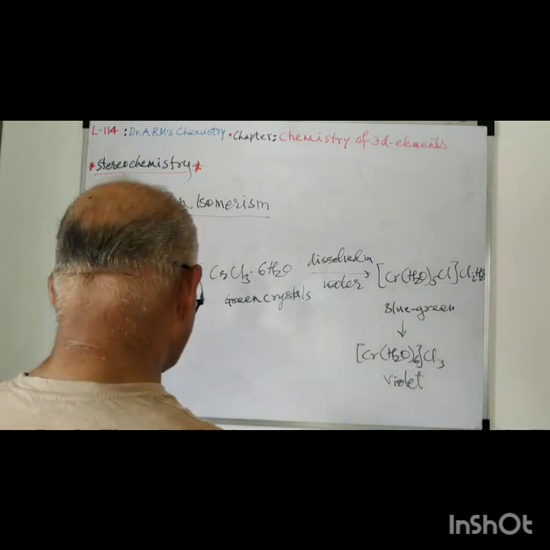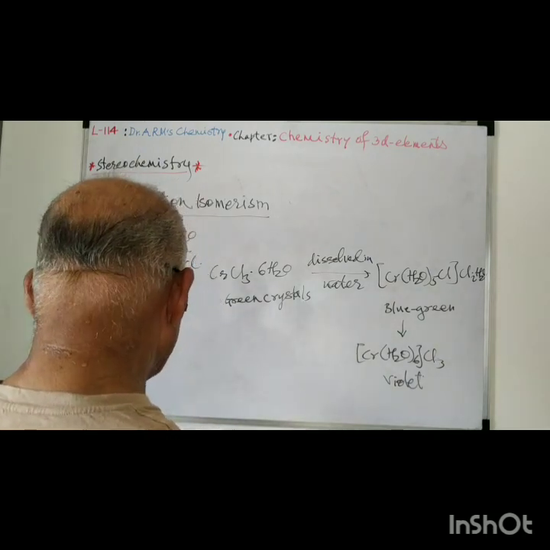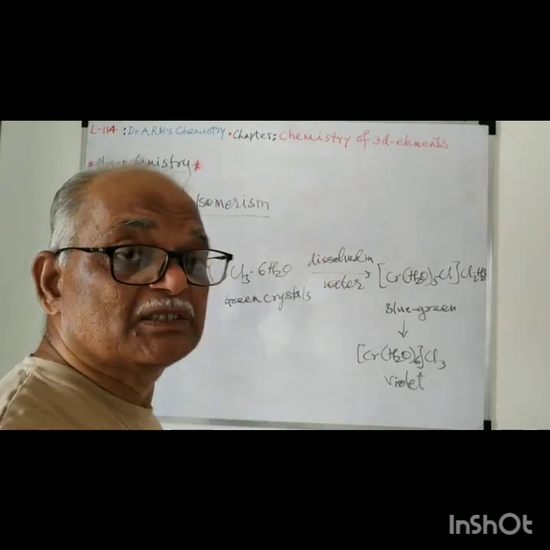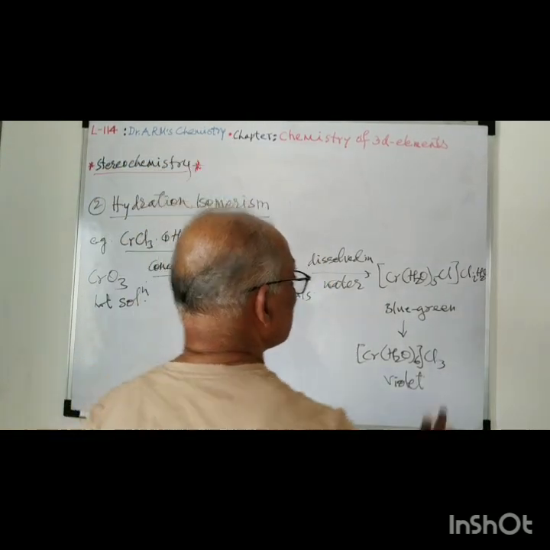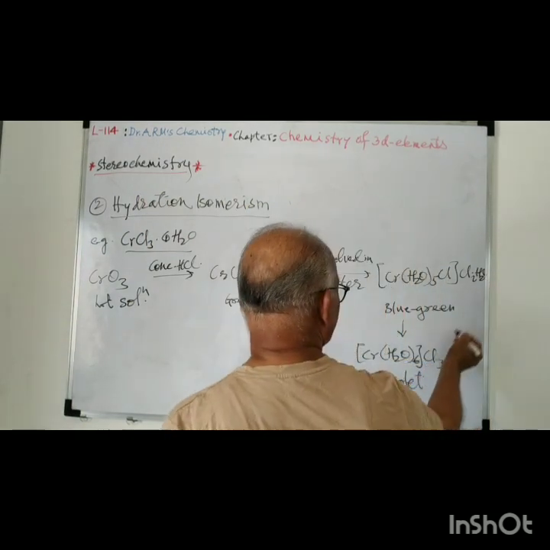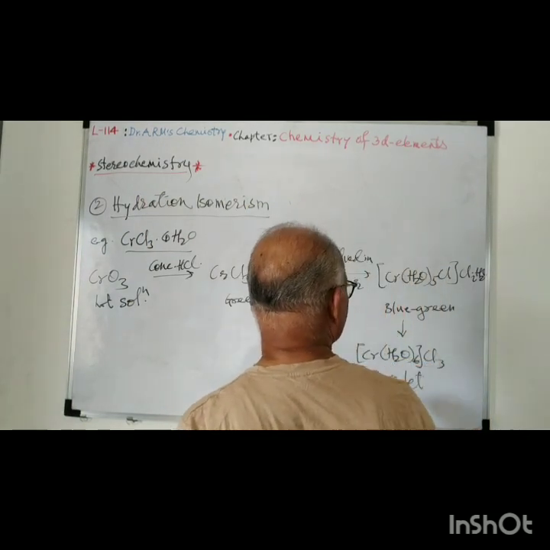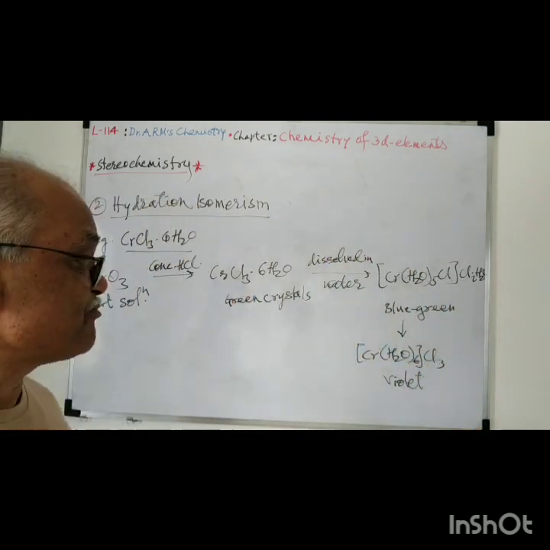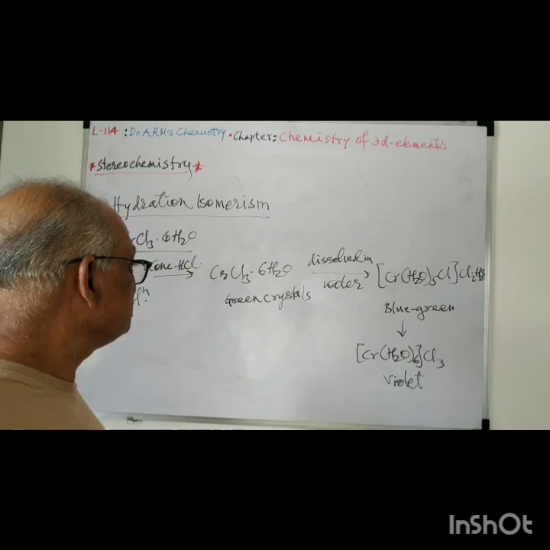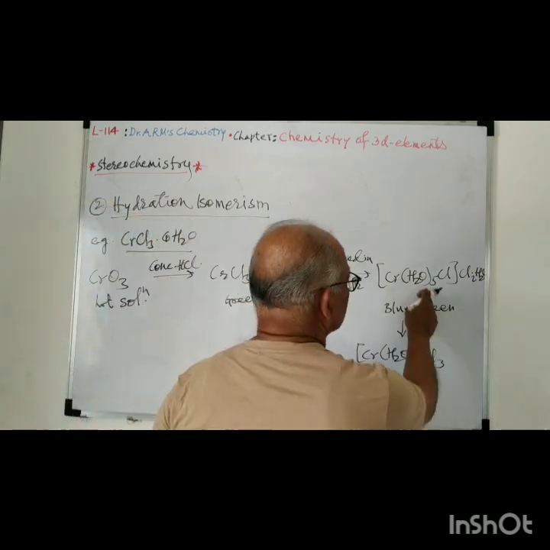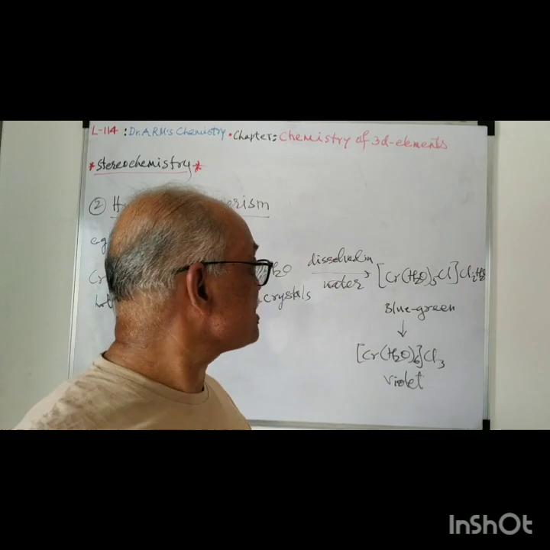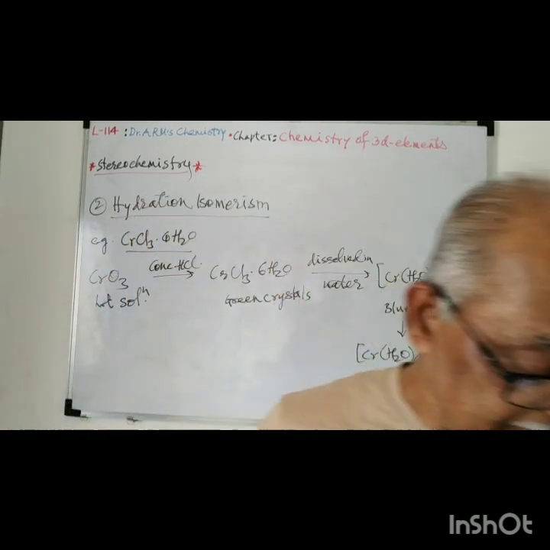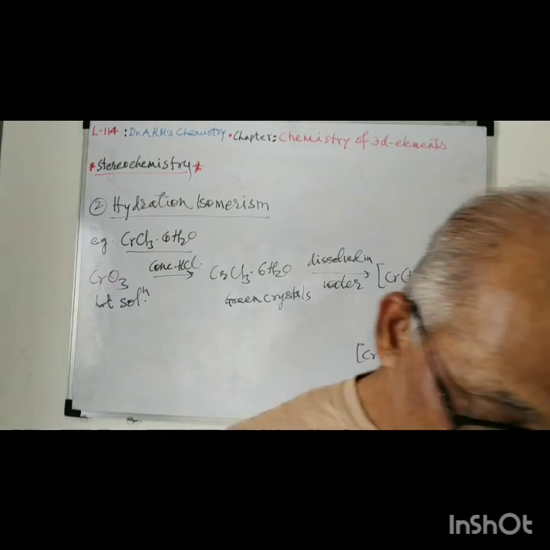So here you will find that the water ligand, which is water of crystallization here, can come inside, and the Cl minus goes outside the coordination sphere. You can remember these two complex forms, different in color, blue-green and violet, representing hydration isomerism.